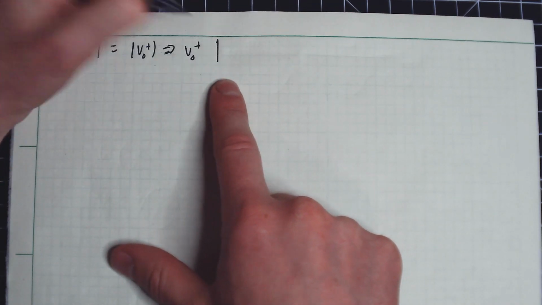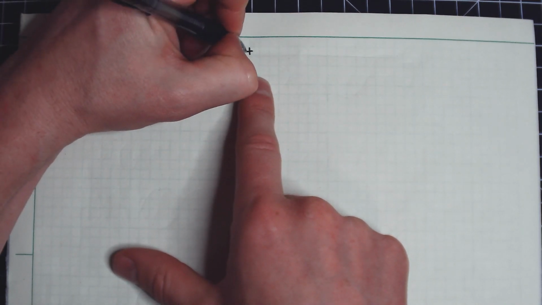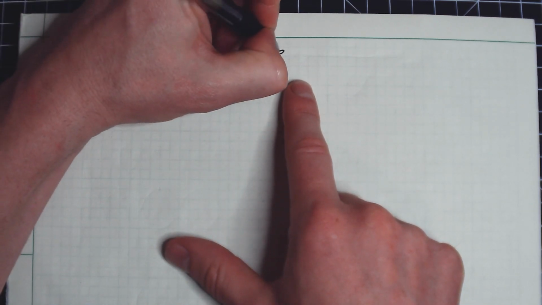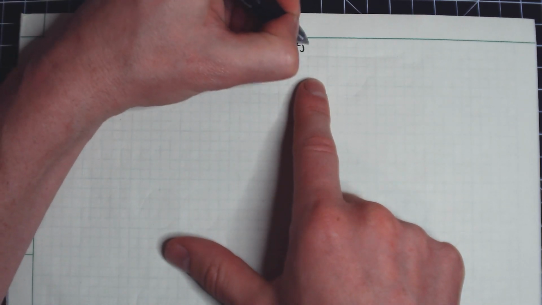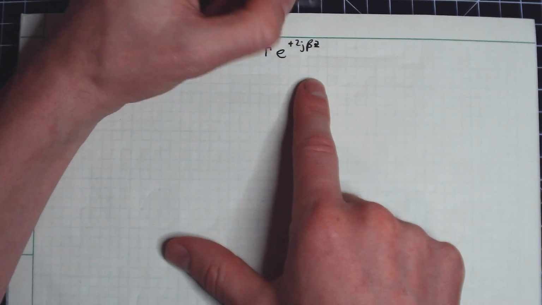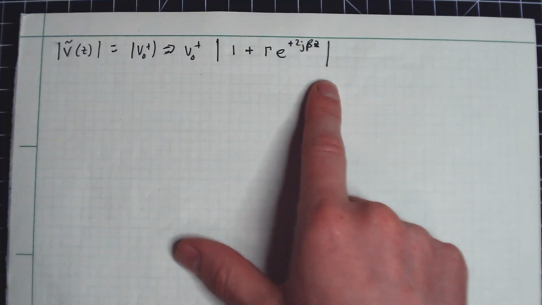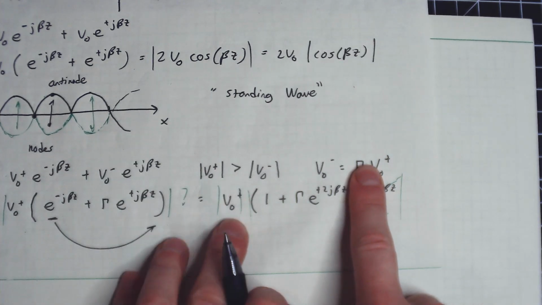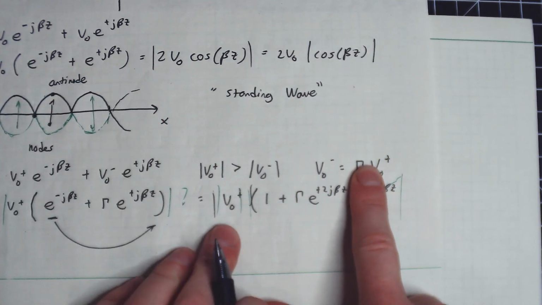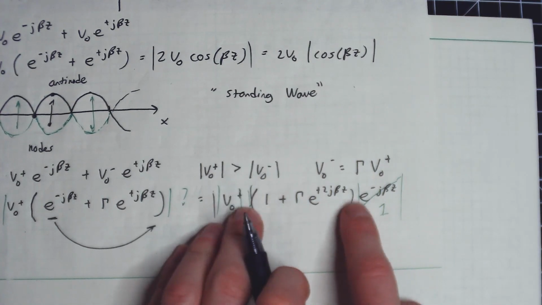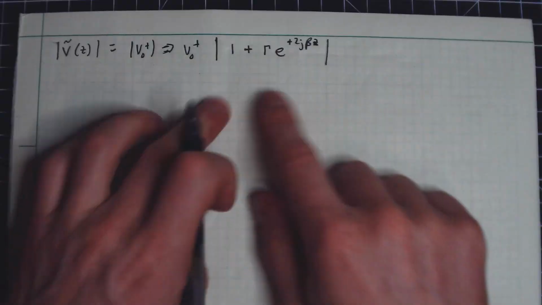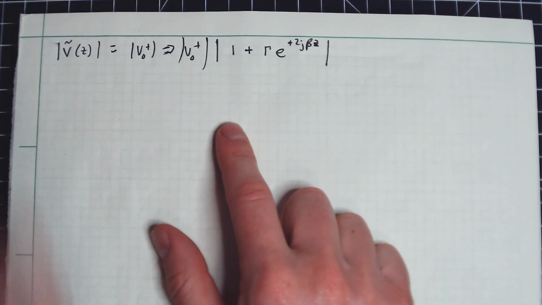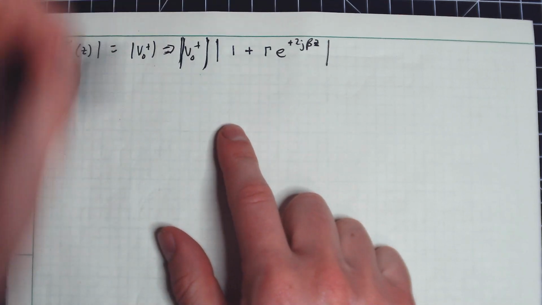Then I get the magnitude of 1 plus gamma times e to the plus 2j beta z. Remember, this little term disappeared. There should be an absolute value here, but we're not going to worry so much about that right now. So I'm left with this.